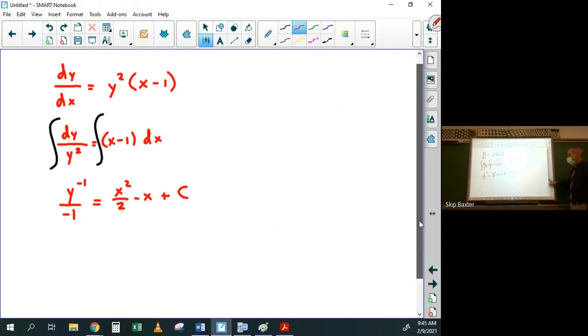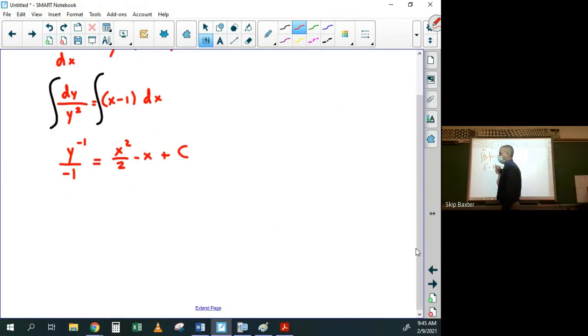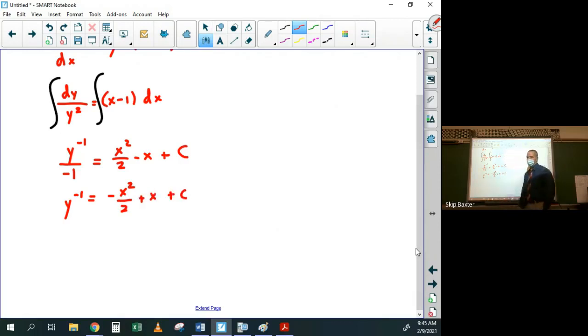Now just solve for y. So I can multiply by negative 1. So I get negative x squared over 2 plus x plus c. It's okay if I leave this plus c, right? Because c is just an arbitrary constant. If I multiply it by a negative, it's still just an arbitrary constant. It absorbs all that stuff.